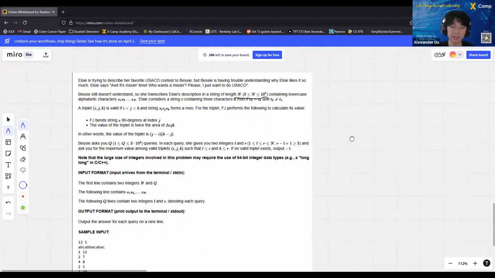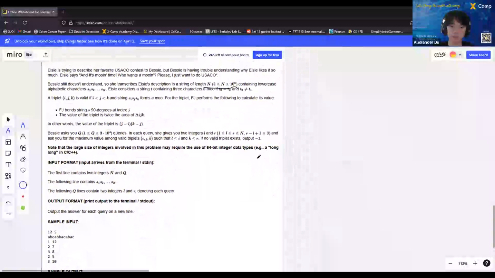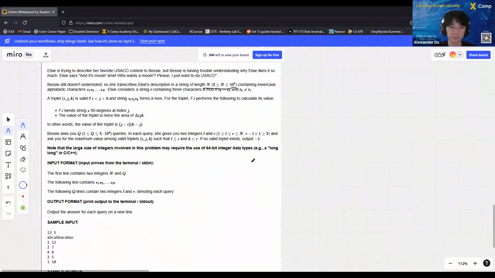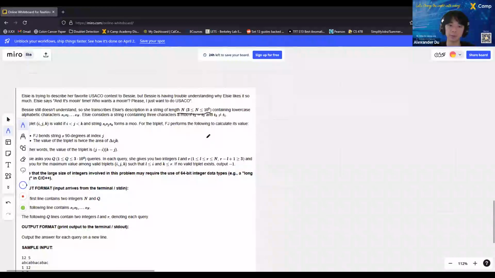Okay, so we have n less than 10 to the fifth, right? That's pretty big. And once again, I think this came up again this year, we want to look at the occurrences of moos.